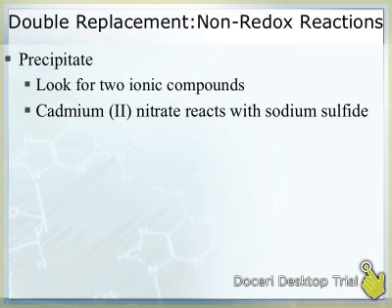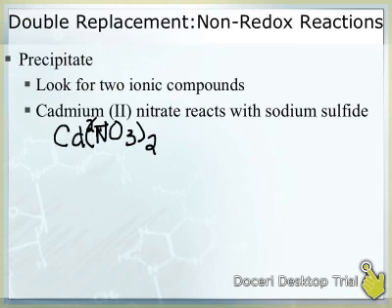So cadmium 2, what is that 2 telling you? It's the charge. So cadmium is Cd, and it has a charge of +2. Nitrate has a charge of -1, so how many nitrates are we going to need? 2 of them. Nitrate is NO3, and we're going to need 2 of them.